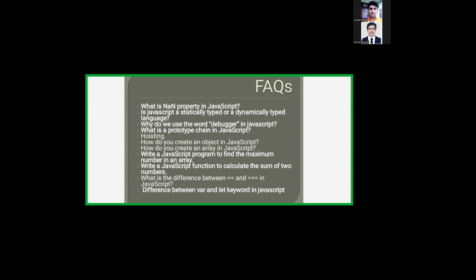What is the full form of NaN? NaN is not a number. When you use console.log with the typeof operator, it will show you a number. But if you use, for example, 0 divided by 0, it will show us NaN, showing that it is not a number.